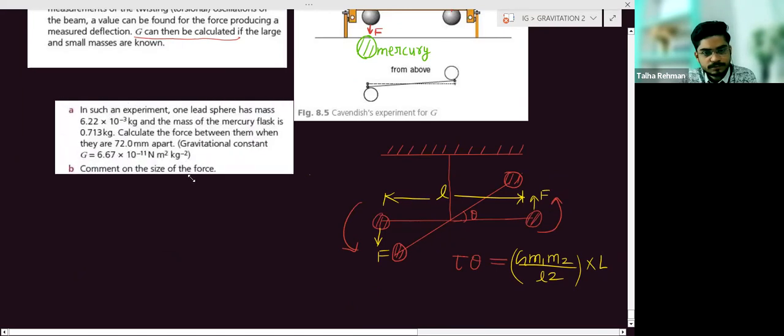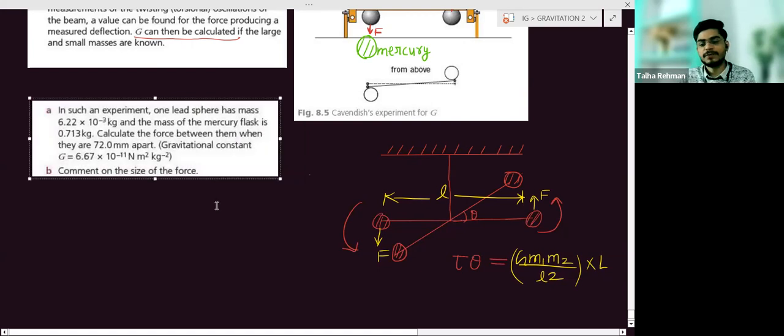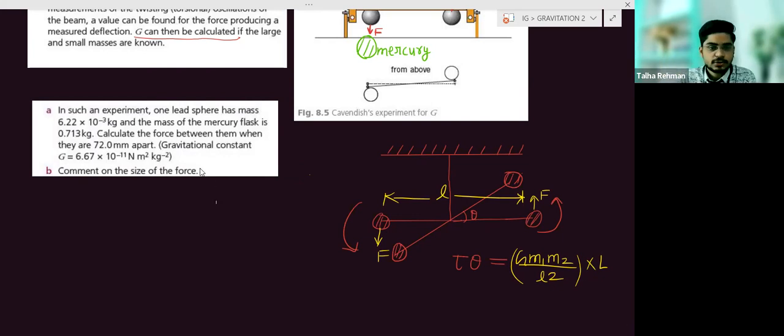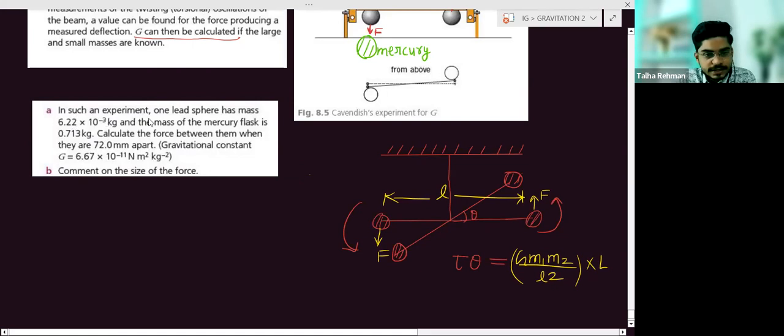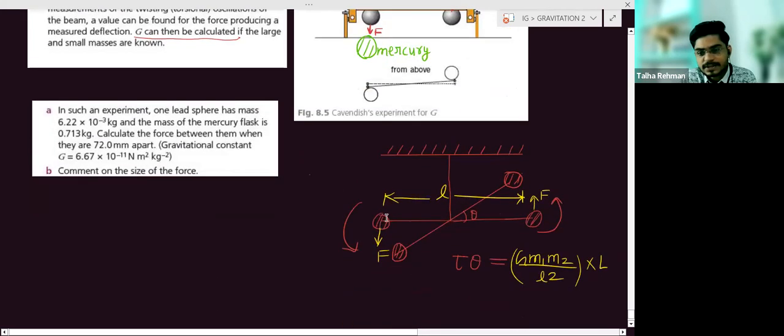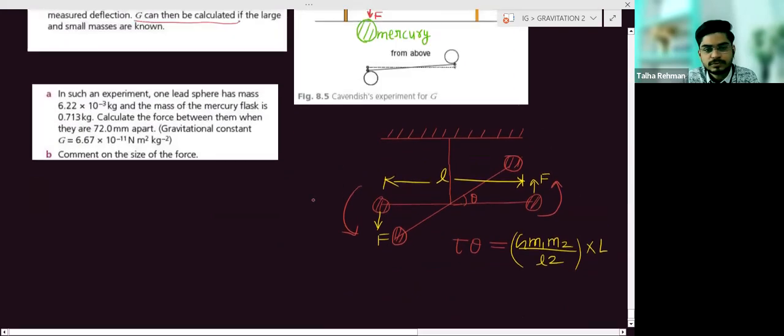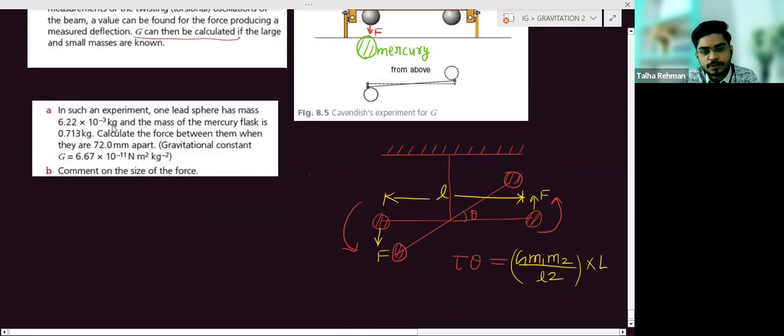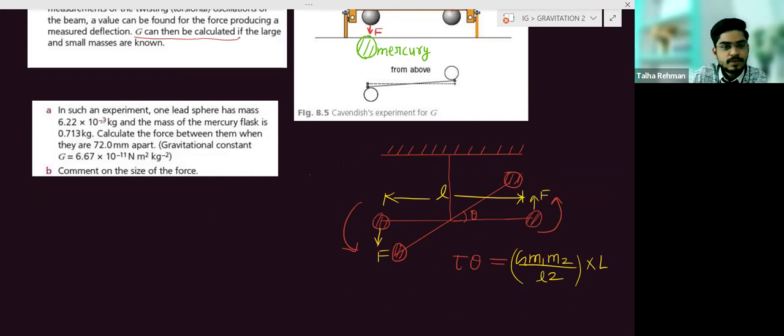Now, question number 1. This is a very easy question. If I want, then I can finish this question in 1 minute. But I have to tell you the whole thing, what is happening. So now, in this experiment, one lead sphere has a mass of 6.22 into 10 to the power minus 3 kg.